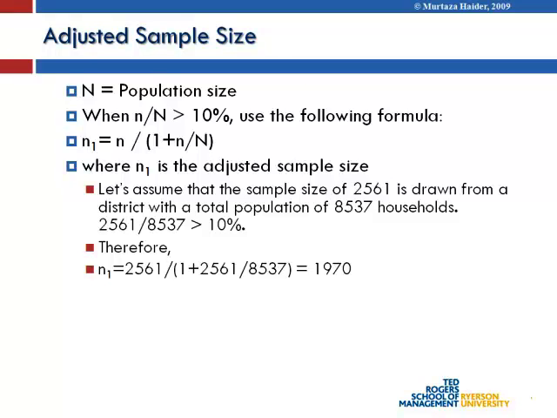So the sample of 2,561 from a population of 8,537 is certainly larger than 10%. So the sample is more than 10% of the population. Therefore we adjust the sample by using the formula: we take the sample size and divide it by 1 plus sample size divided by the population size, and this adjusted sample size is now 1970.